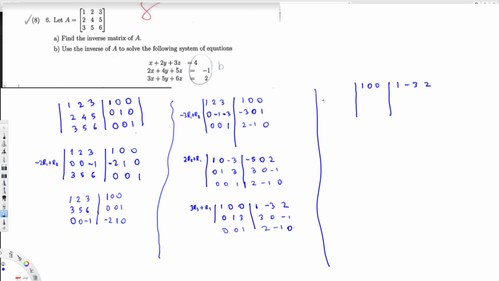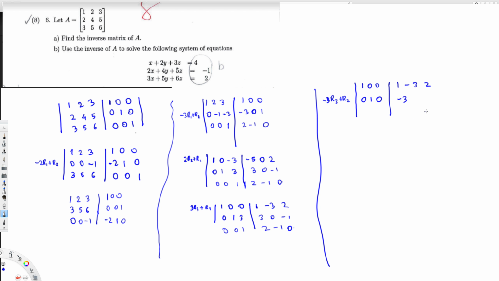So it's going to be negative 3 r3 plus r2, which is going to give me 0, 1, 0, and the other side, when I multiply this one by negative 3, I will get negative 6. Negative 6 plus 3 is going to be negative 3, and negative 3 times minus 1 is going to be positive 3.